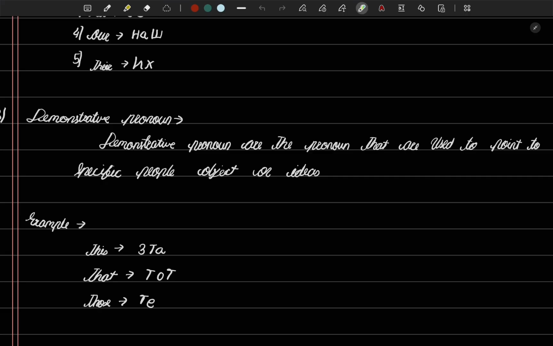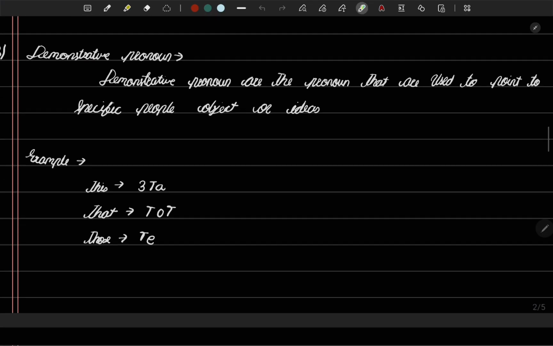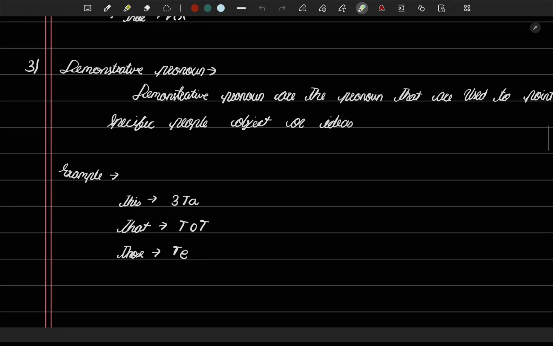So it basically helps to identify a specific thing in relation to the speaker. The words are eto, tot, te. I hope you understand the demonstrative pronoun.